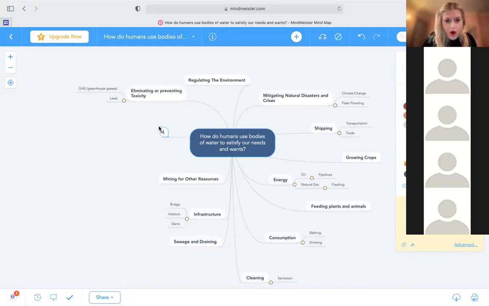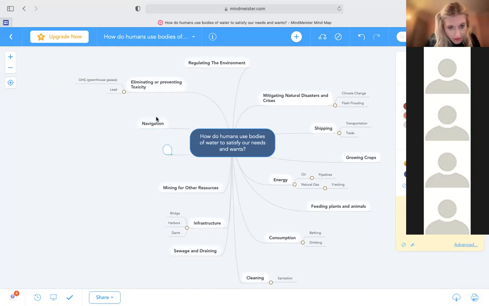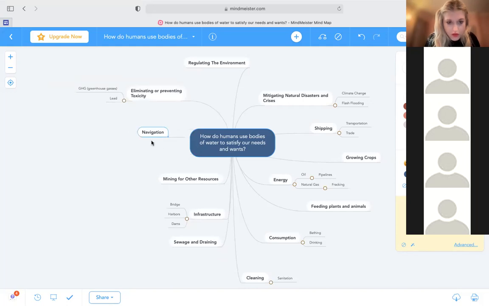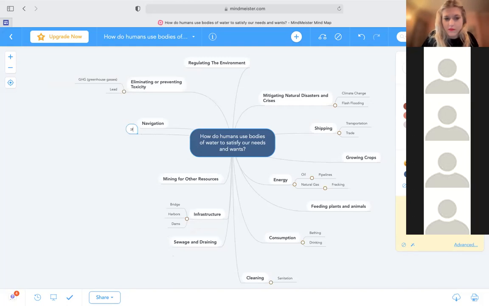But using water resources as a form of navigation and also as a way to protect, I guess we could call it homeland security, or protecting our water resources. Let's say we didn't have any Navy or Coast Guard around our borders.